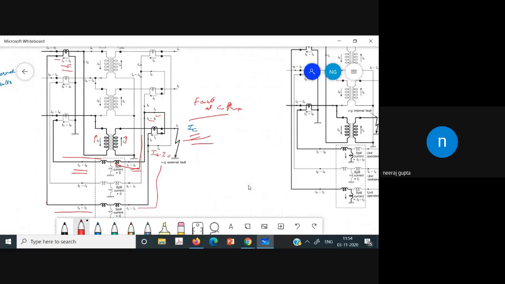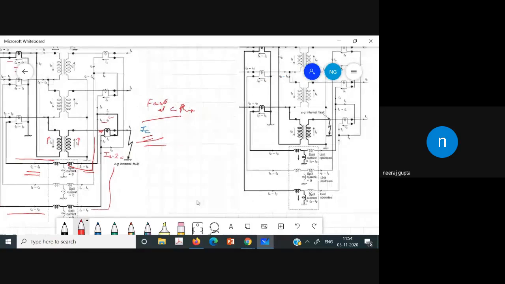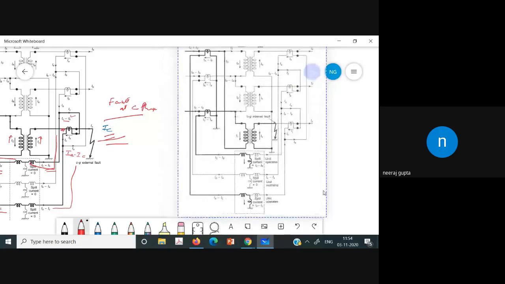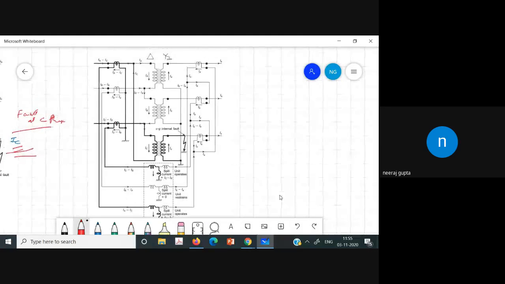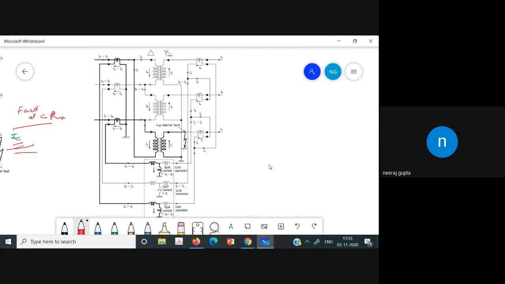What we do in the internal fault, instead of this, we will have the fault here, somewhere here, that is within the zone of protection. So the same fault is there, a fault at phase C, so this IC is increased, then this IC is increased.